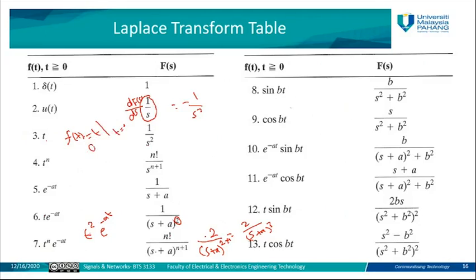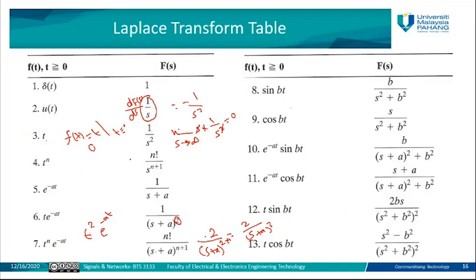But if I want to find it using the Laplace transform, I find the limit as s goes to infinity of s times F(s), which is 1 over s squared. So s cancels with one of the s, and I have 1 over s. I substitute s equal to infinity, so it gives me 0, the same initial condition.